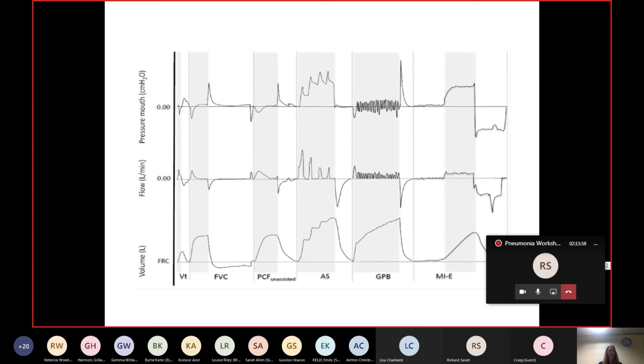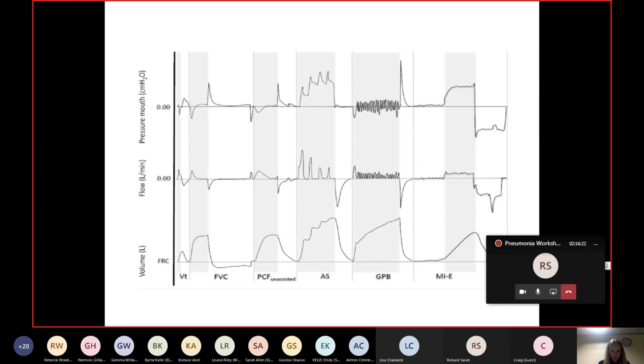I just wanted to show you this graph. It's quite a nice graph that looks at different ways to draw on your breath. Along the bottom there's tidal volume, so that's your volume during quiet breathing. You've got the grey, which is for the inspiration, and the white represents expiration.